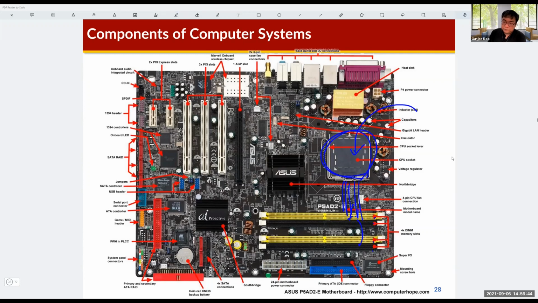Also, in the computer system, there are many I/O devices like a keyboard, mice, then a monitor, and then touch screen, something like that. So these I/O devices need to communicate with the CPU because CPU is similar to our brain in our human body.